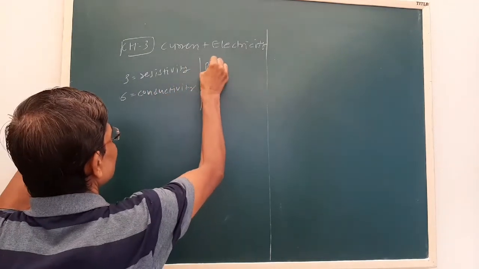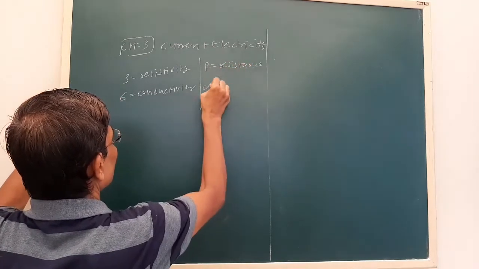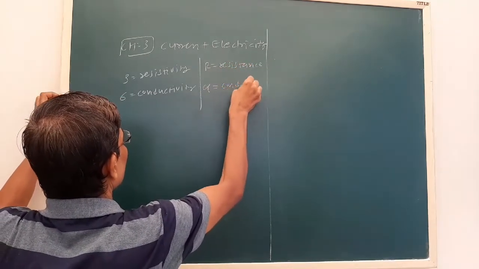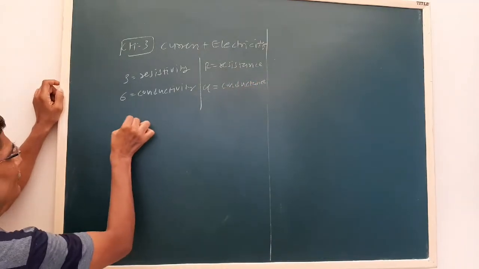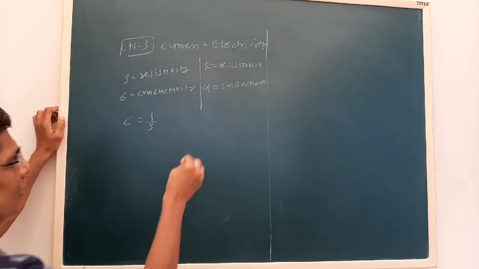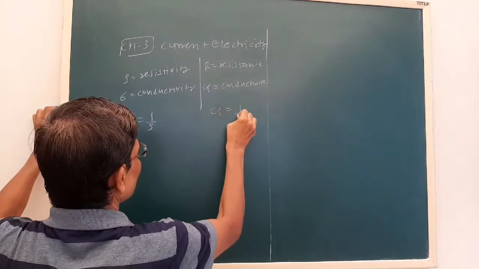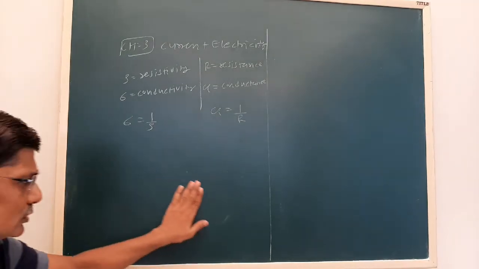R is resistance. Now we see the relation also: sigma is 1 upon rho, that is the reciprocal of resistivity, and conductance is the reciprocal of the resistance. Now these are useful things that we are going to use.